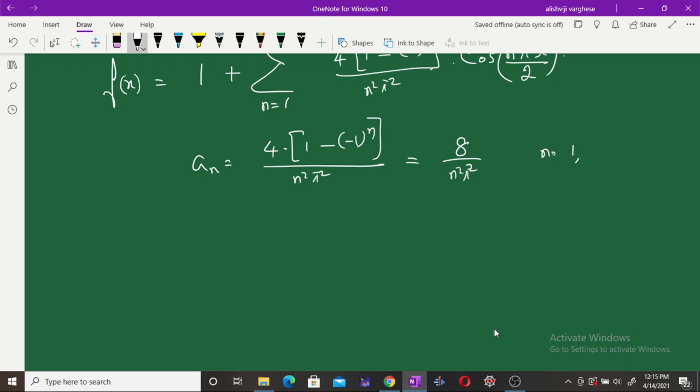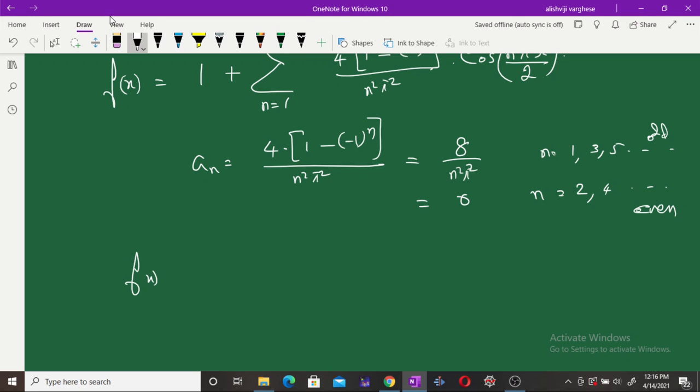When n is equal to 1, n is equal to 3, n is equal to 5, etc. And this is equal to 0 when n is equal to 2, 4, etc. That is, it depends on whether n is odd or even. For even values of n, this value is equal to 0, and for odd values of n, it is equal to 8 by n square pi square.